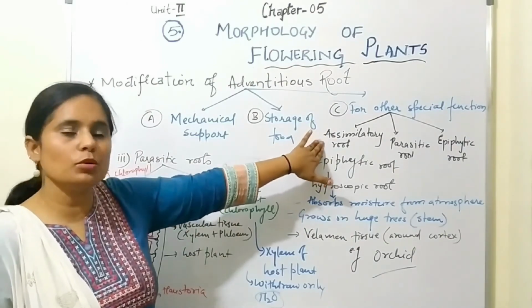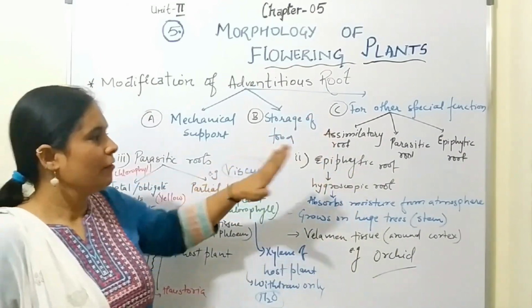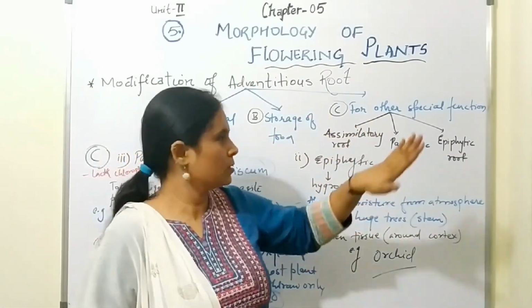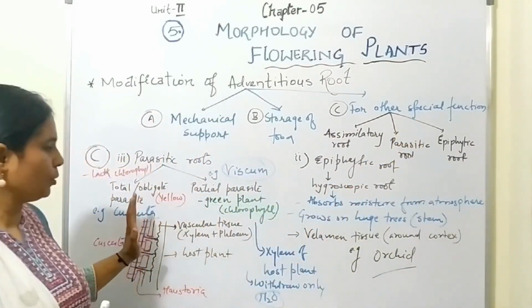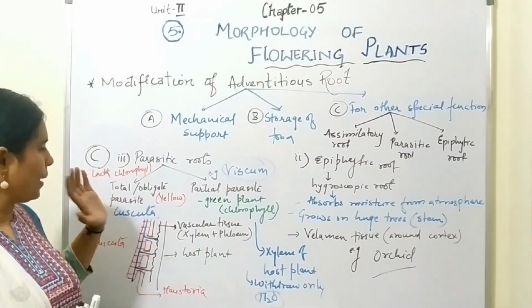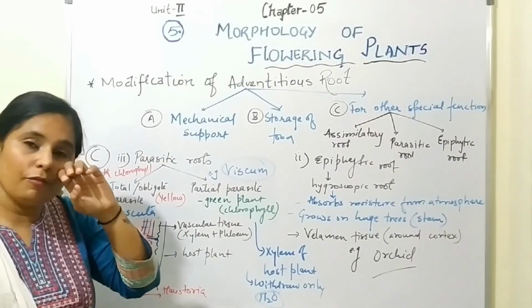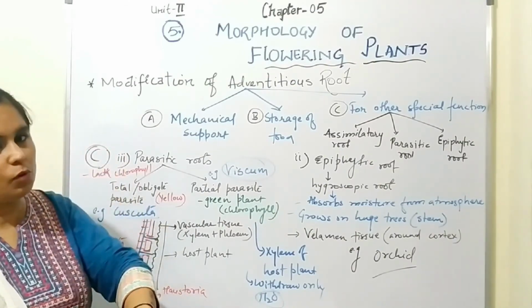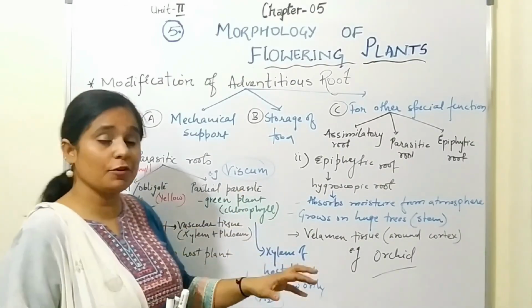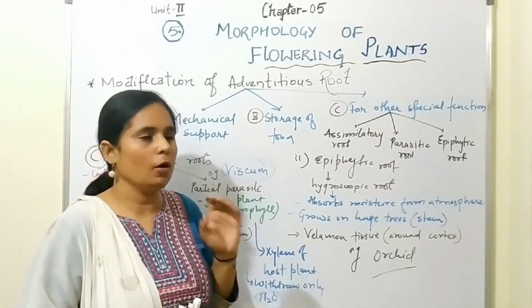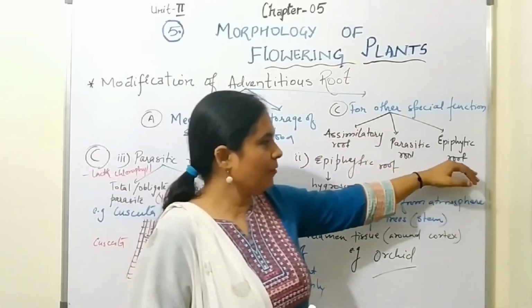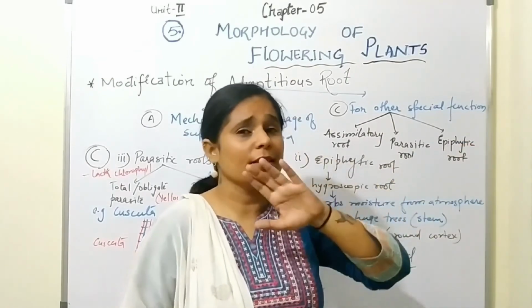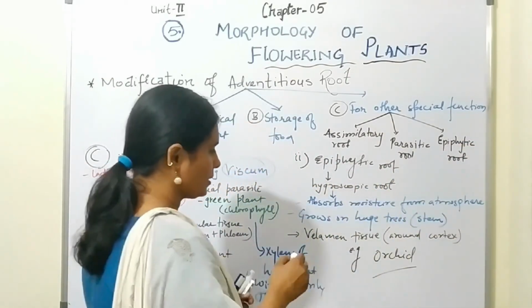Assimilatory roots are the roots modified for the function of photosynthesis. Parasitic roots, I told you, in total parasite withdraw food as well as water from the host plant, and partial parasite withdraw only water from the host plant. And the epiphytic roots are not parasitic.